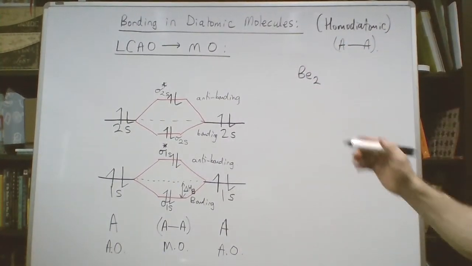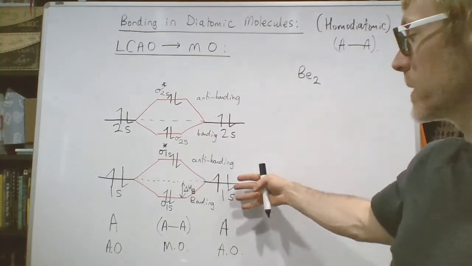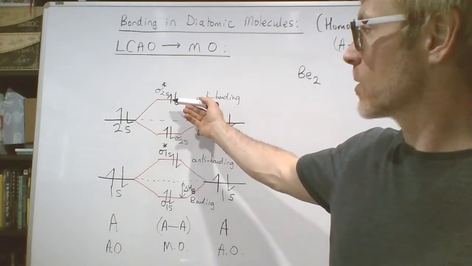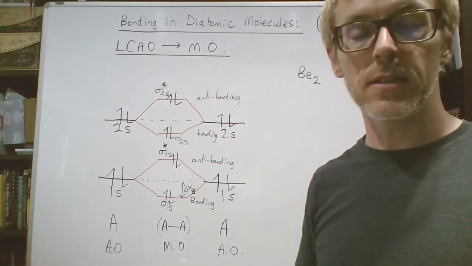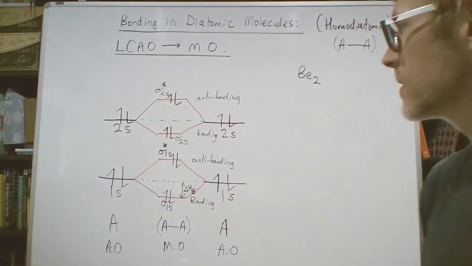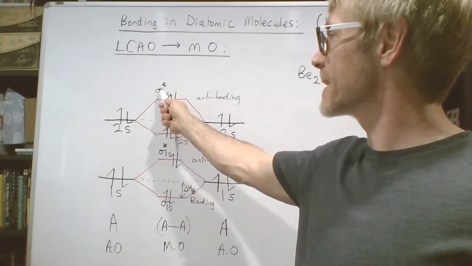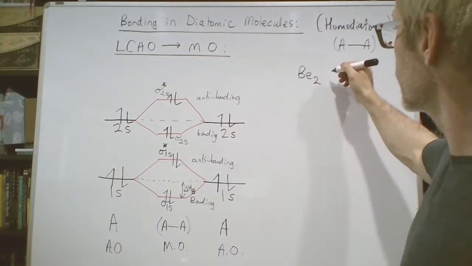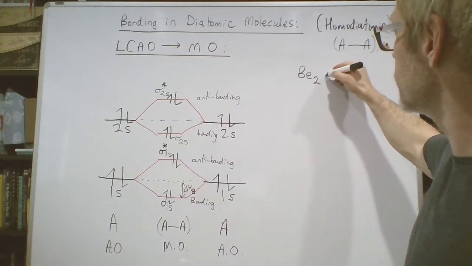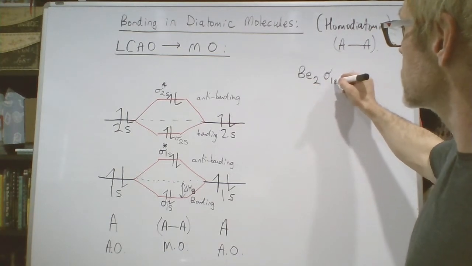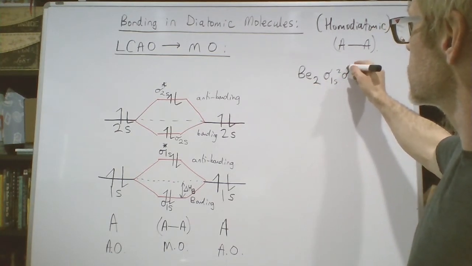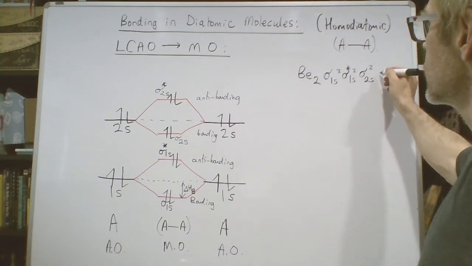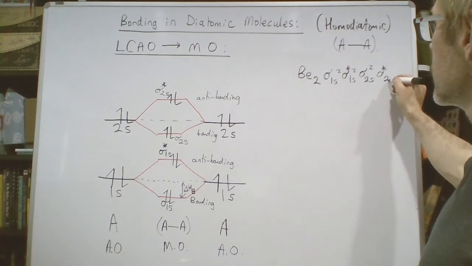Okay, so diberyllium, if it exists, we'd have 2 beryllium atoms. We've got 4 electrons from each beryllium. So that means I've now filled in the sigma star 2s orbitals, the anti-bonding orbitals. So if I wrote the electron configuration of these molecular orbitals, it would be sigma 1s2, sigma star 1s2, sigma 2s2, sigma star 2s2.